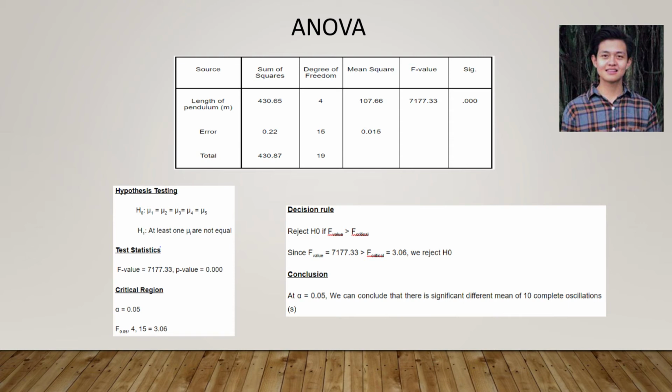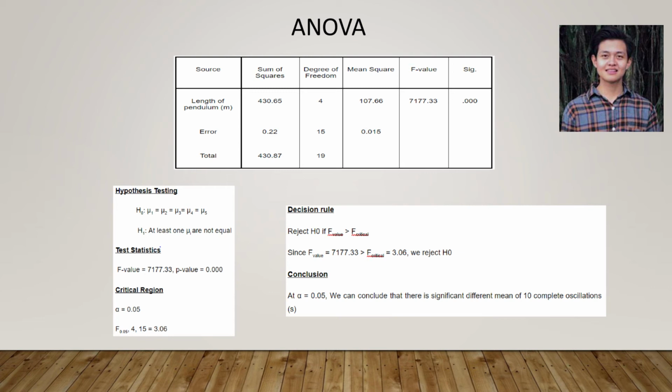After that, we conduct hypothesis testing for H null, mu1 equal to mu2 until mu5, and H1, at least one mu is not equal. For the test statistic, we already calculated the F value and got 7177.33. For the critical region, we use alpha 0.05 with 4 and 15 and get F critical 3.06.